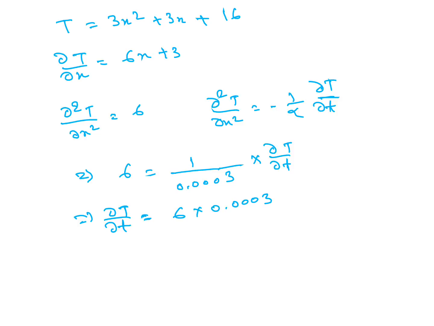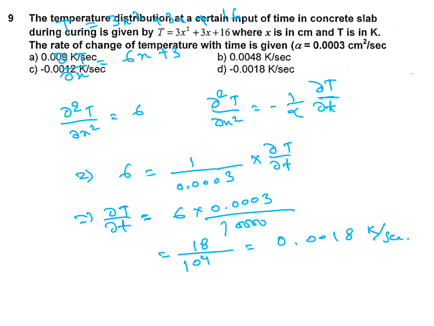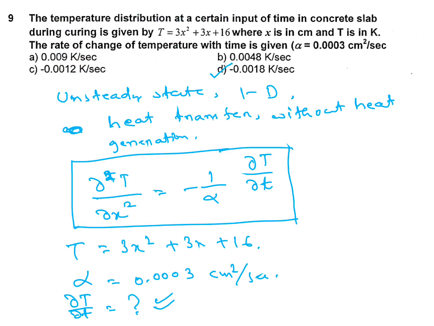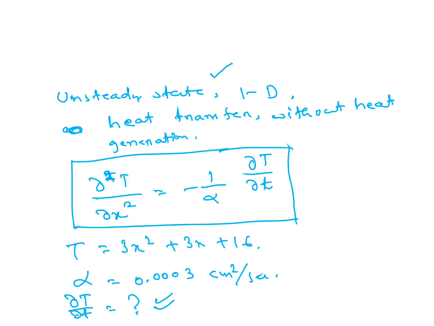Divided by 18 by 10 to the power 4. So we will get Kelvin per second. From option C is the answer. D is the answer. Little bit calculated.